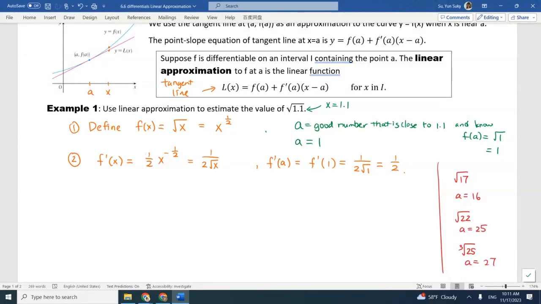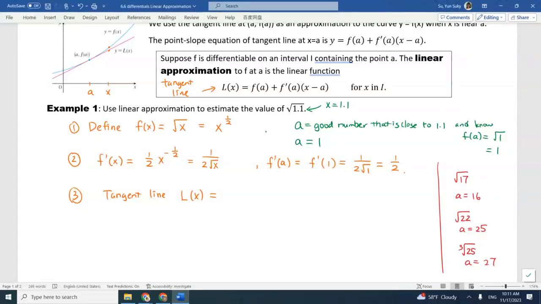We can use the point-slope form to find the tangent line. So the tangent line L of x is f of a. What's f of a? So we use the formula.